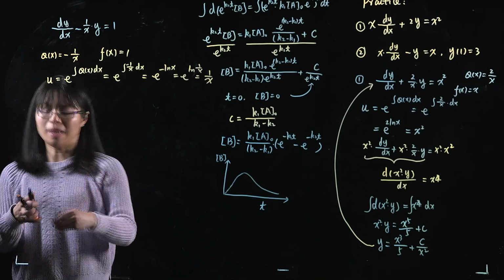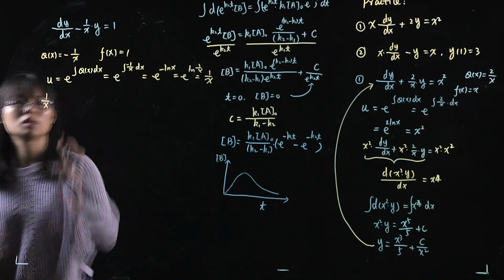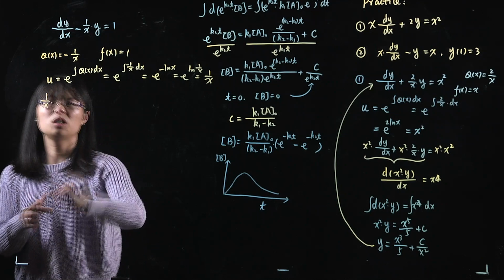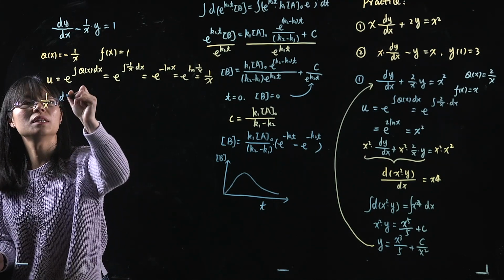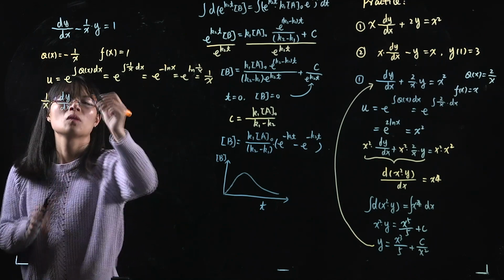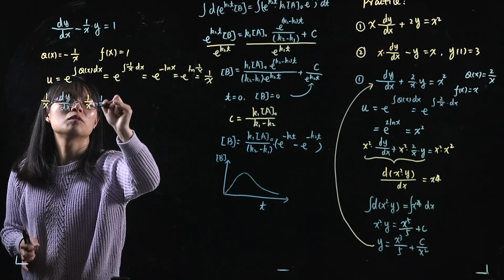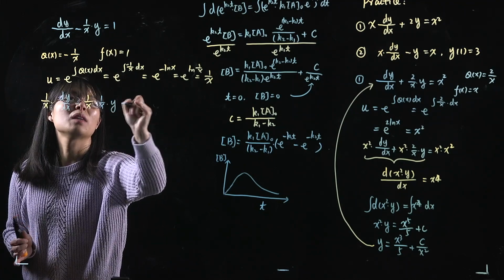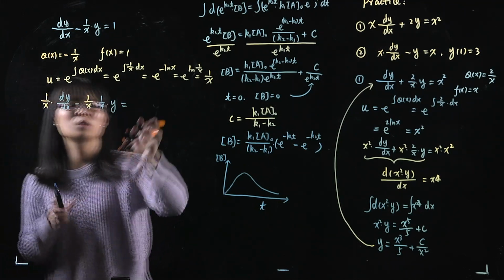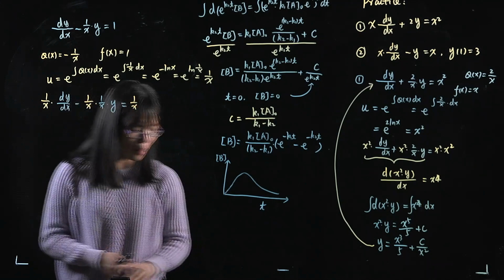Same strategy applied again. We multiply 1 over x to both sides of the equation, which should be dy over dx minus 1 over x times 1 over x times y. And on the other side of the equation, I just get 1 over x because it's 1 over x multiplied by 1.